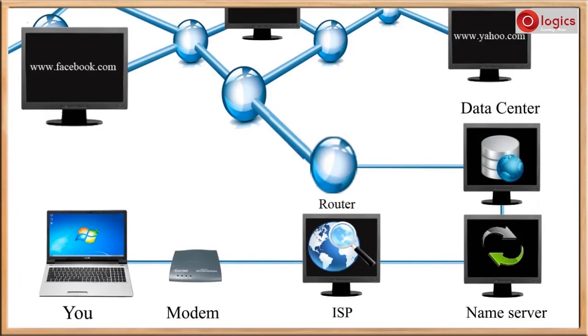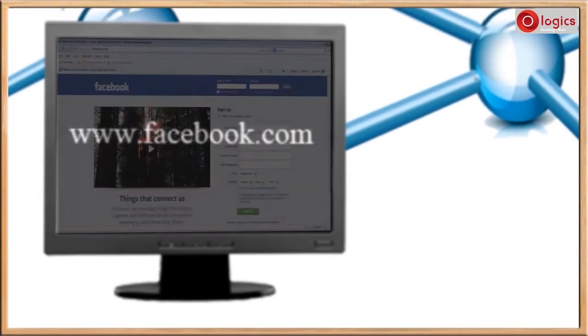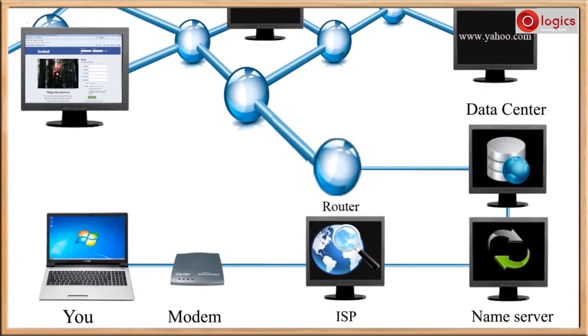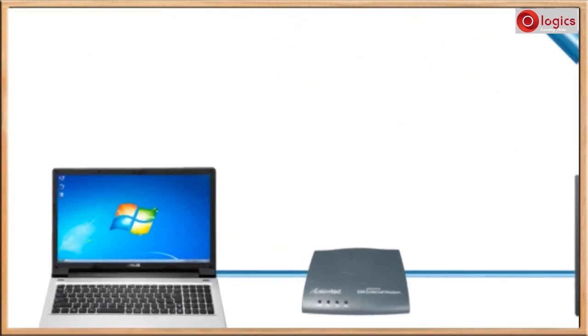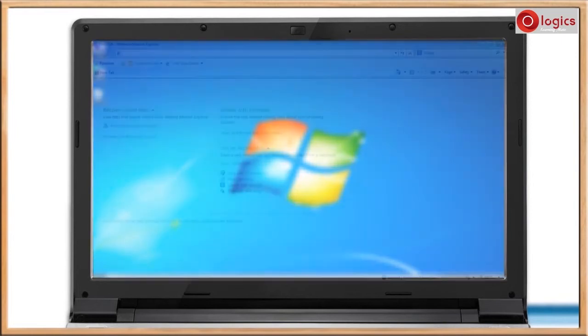This is your computer, and this is the Facebook server. Your computer is already connected to the internet. Now let us see how the request goes to the Facebook server to get the data.